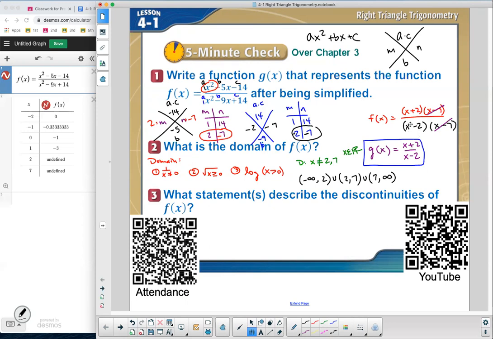Infinite. So I have infinite here, removable there. That's the algebra way of doing it. The break at 2 is an infinite discontinuity. The break at 7 is removable because we could cancel it.